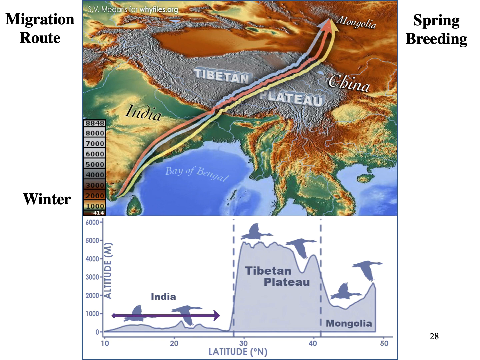In India, they're at fairly low altitudes, and then they have to go way up over the Himalayas into the Tibetan plateau, and at times they're up to 5,000 to 6,000 meters, which is nearly 20,000 feet, and then down into Mongolia, a slightly lower area, down to where they mate around 2,000 to 3,000 meters. Still fairly high, but much lower than the Himalayas.